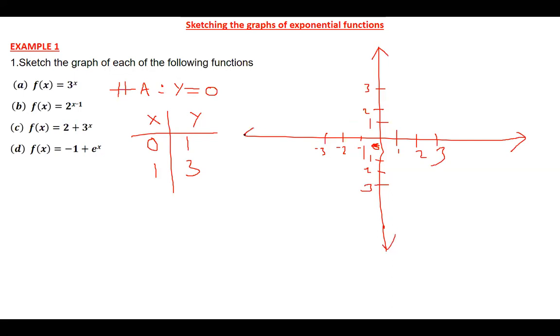Now let us try to sketch. Let me write this 0 properly because some of you might get confused. When we're sketching, we put in these values.